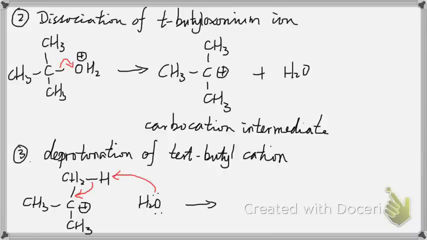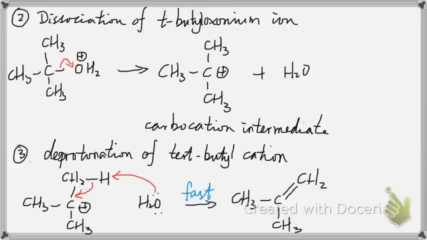The electrons in that carbon-hydrogen bond will move to the carbocation to form the carbon-carbon double bond. So again, deprotonation takes place on the adjacent hydrogen. That's how the double bond is formed.